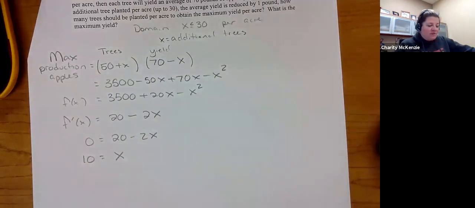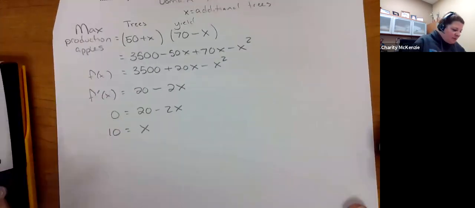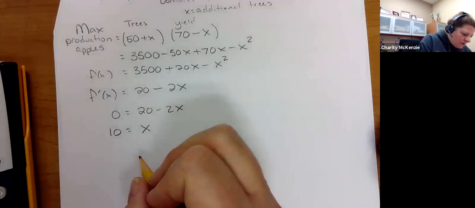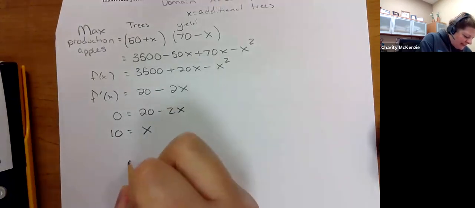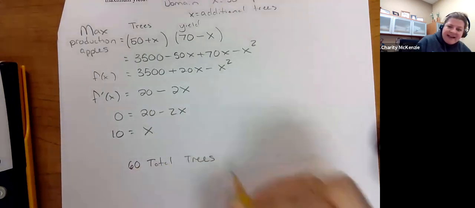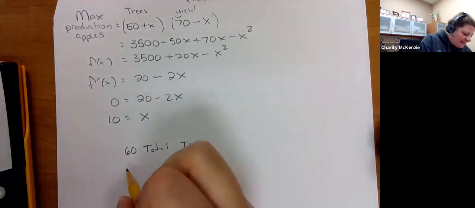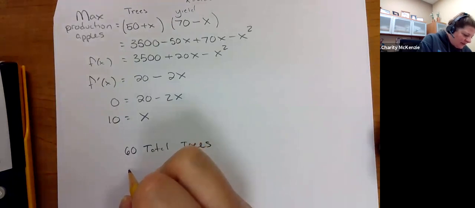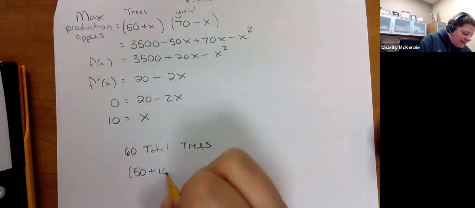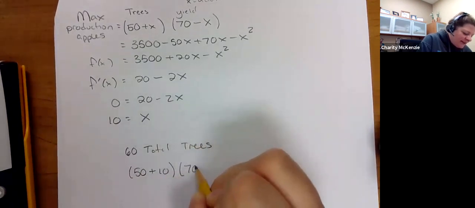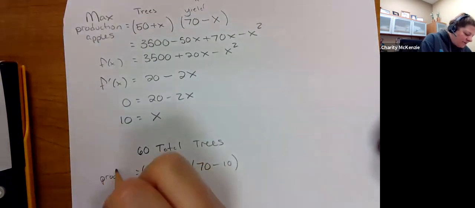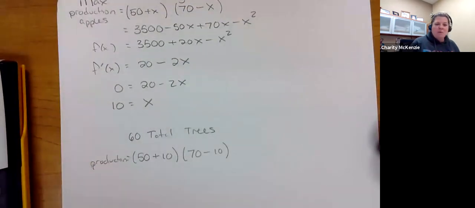And how many pounds of apples would we get? So we would have, because we had 50 trees. Yeah, 60 total trees with the 10 extra. I'm going to write it out from the original: 50 plus the 10, times the 70 minus the 10. That's going to equal our production. Just putting that back into our original thing there.